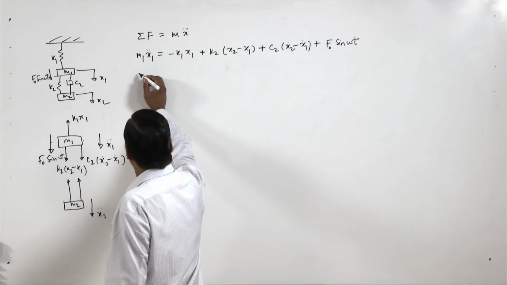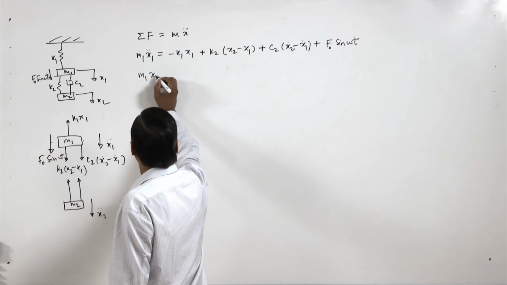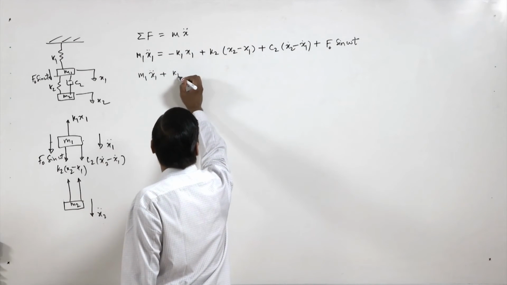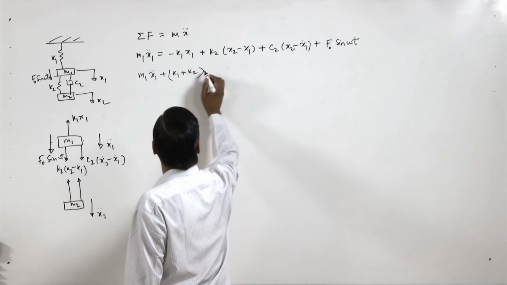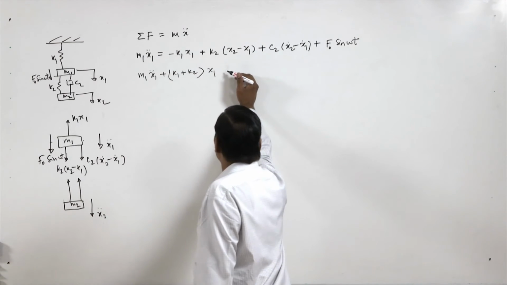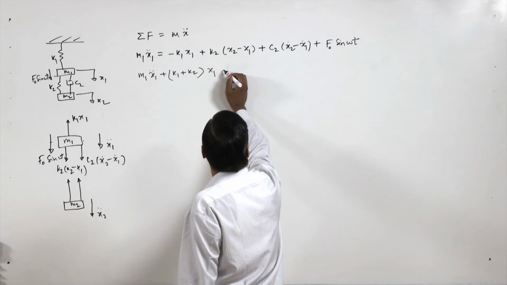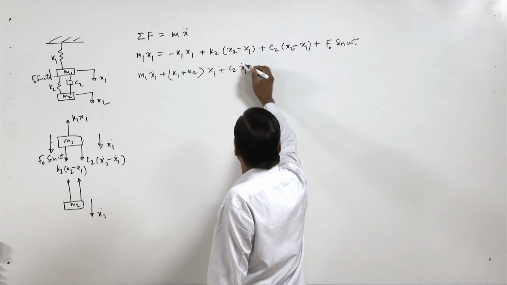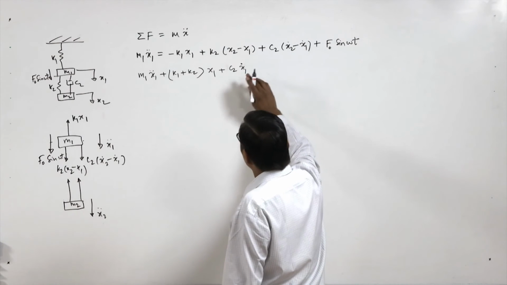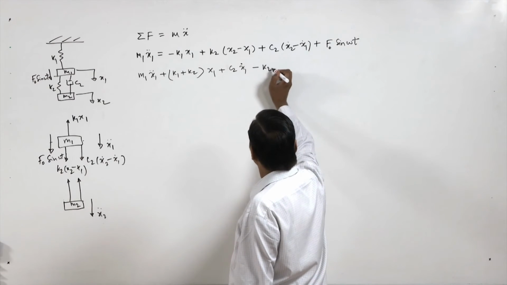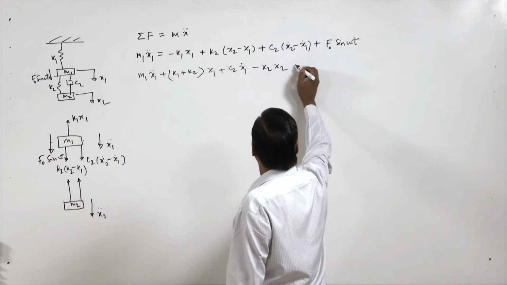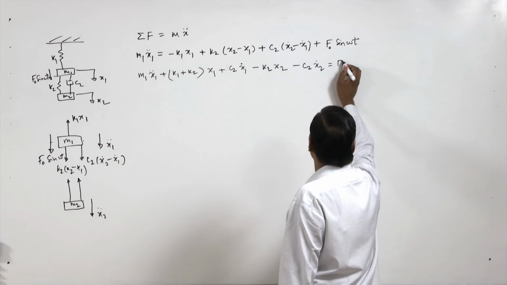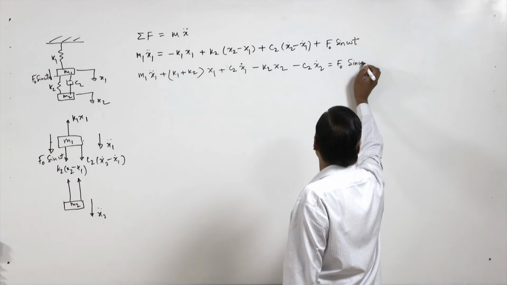Now we can readjust the terms. So m1 x1 double dot, and we have plus (k1 plus k2) x1, and then plus c2 x1 dot, then minus k2 x2 minus c2 x2 dot, that equal to f0 sine omega t.